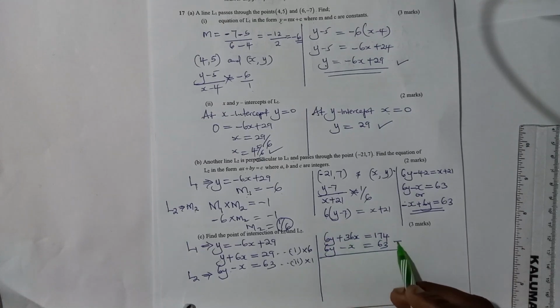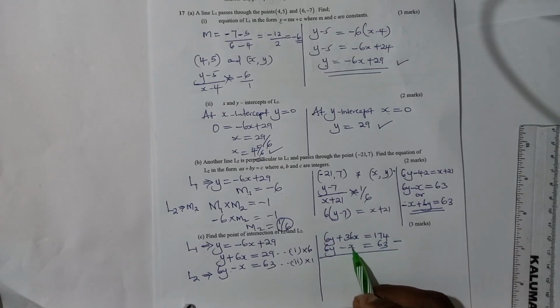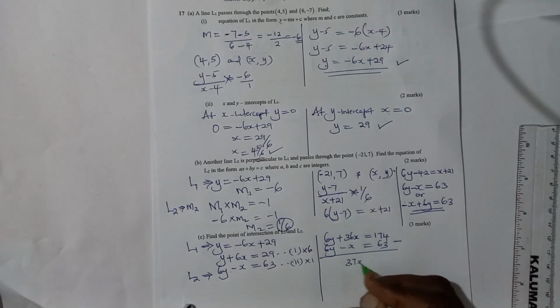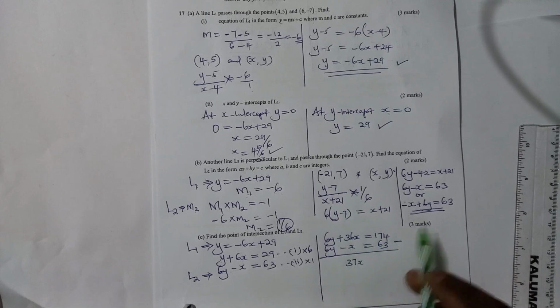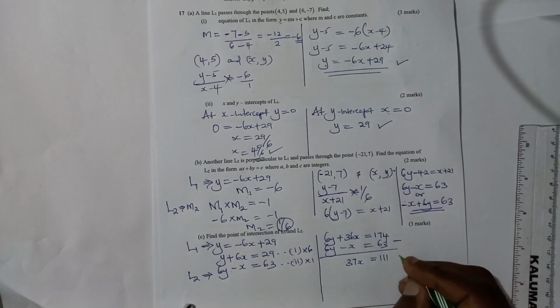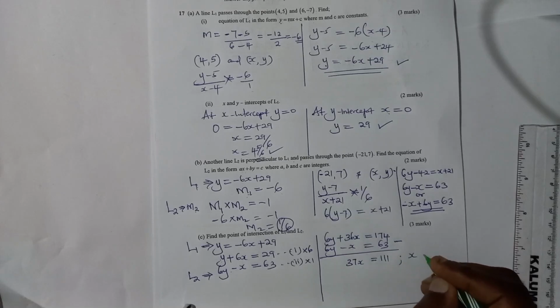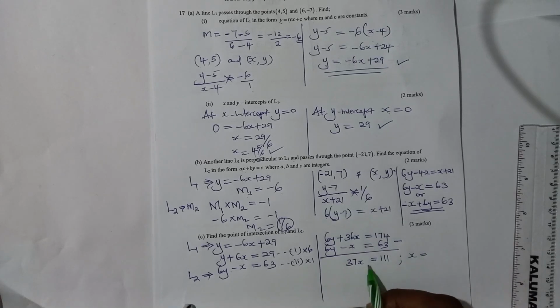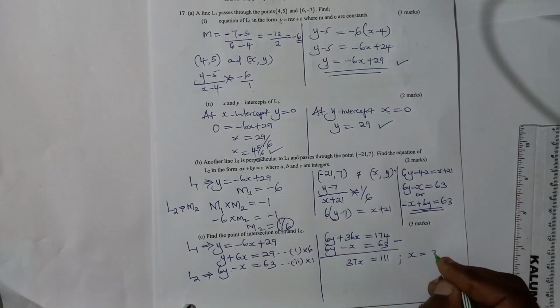Then 36x subtract negative x will give 36x plus x, which is 37x. Then 174 subtract 63, you'll get 111. So this one will give x, you divide both sides by 37. 111 divided by 37, you get 3.